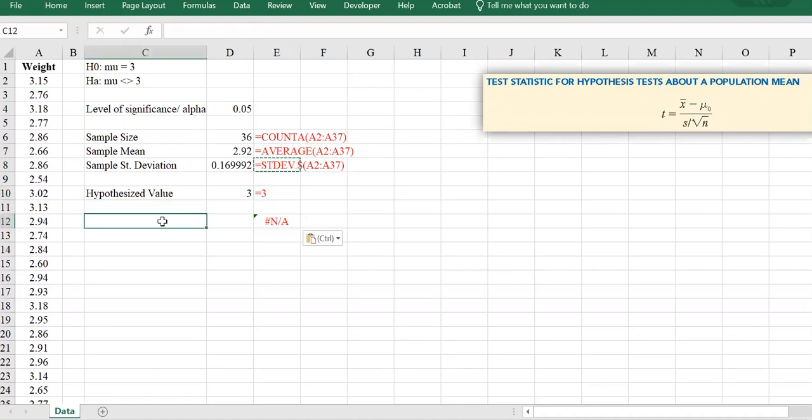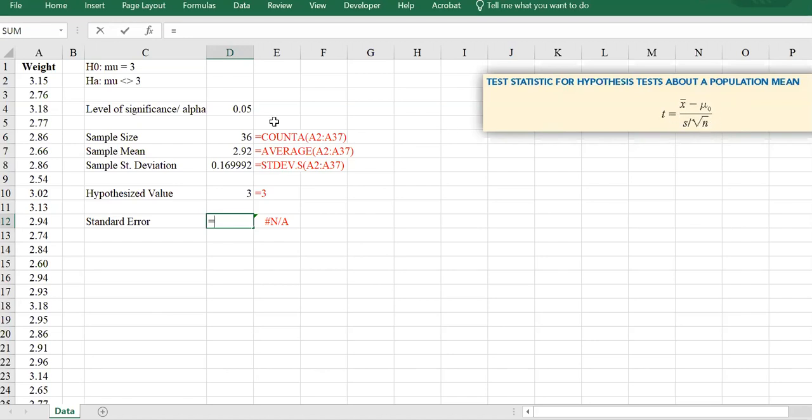Next, I'm going to find the standard error. You can do that, or you can just directly go ahead and find the test statistic. It's up to you, but it's okay if you find the standard error. Standard error is the sample standard deviation divided by square root of n.